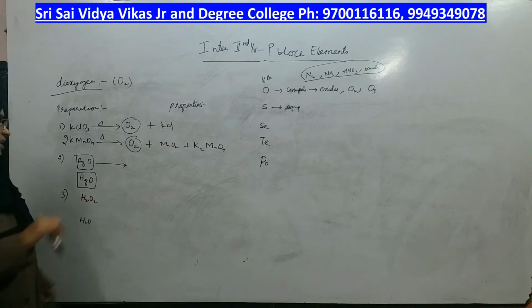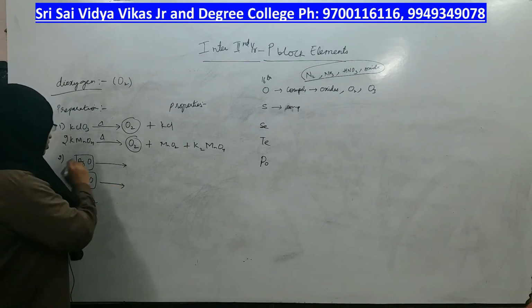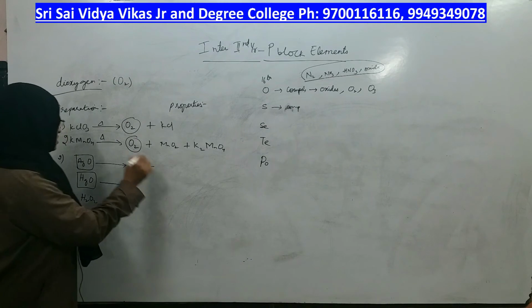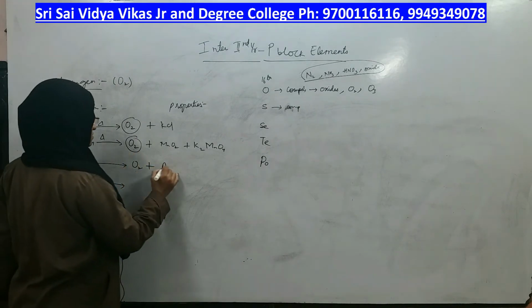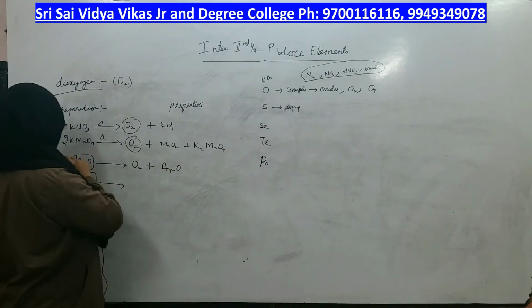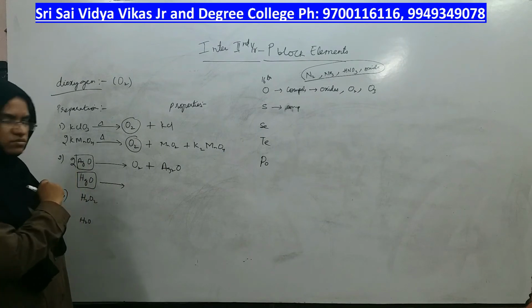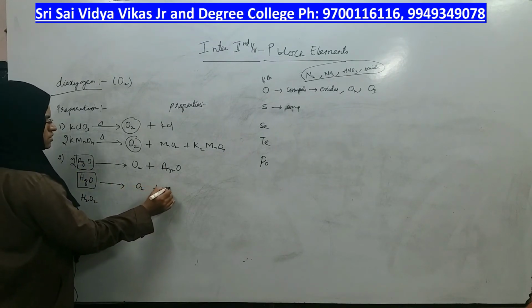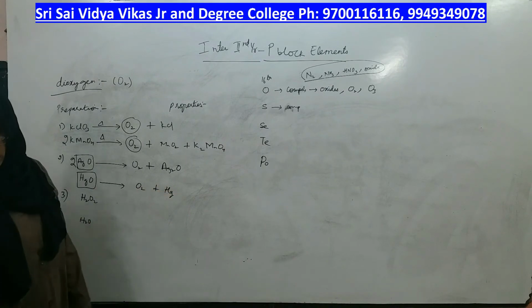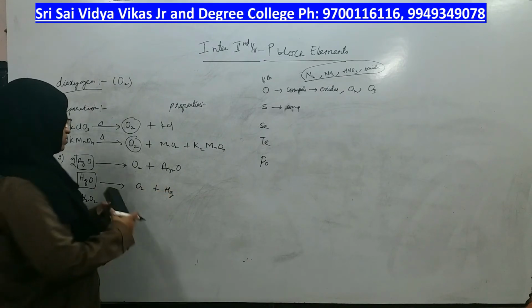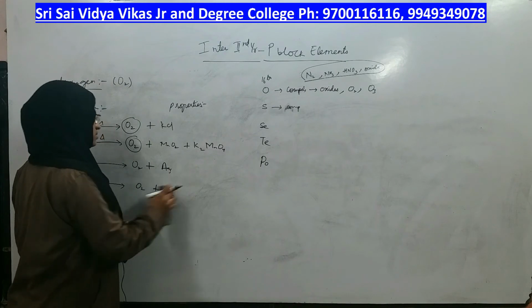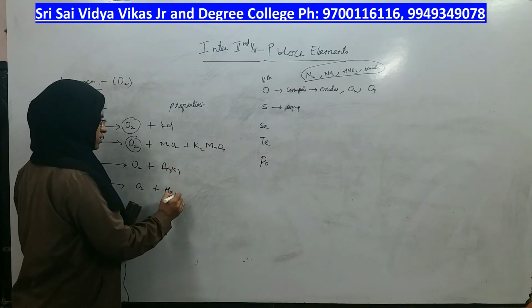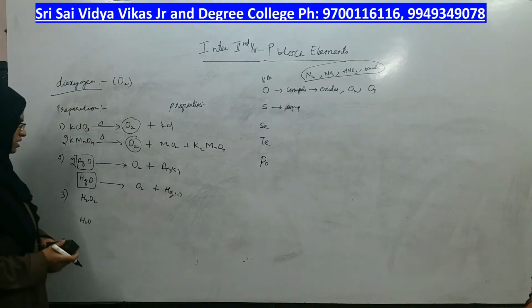If they are heated, you will get what? Dioxygen plus Ag2O gives silver. Same way, dioxygen plus mercury from mercuric oxide. You will get solid silver as the product and solid mercury is deposited as the product.